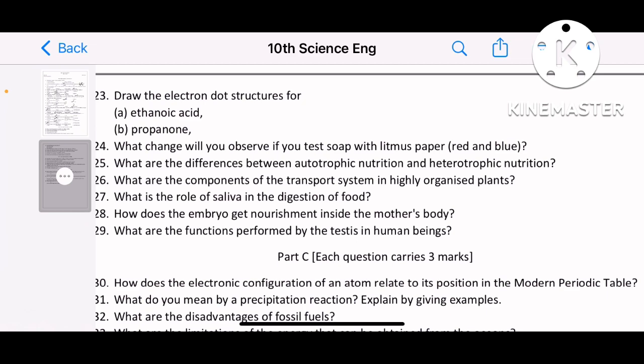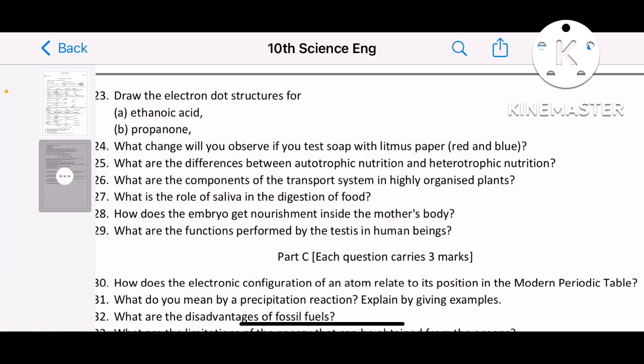But with red litmus paper, any base solution will turn the red litmus blue. So here, if we dip red litmus paper in soap solution, it will turn into blue.